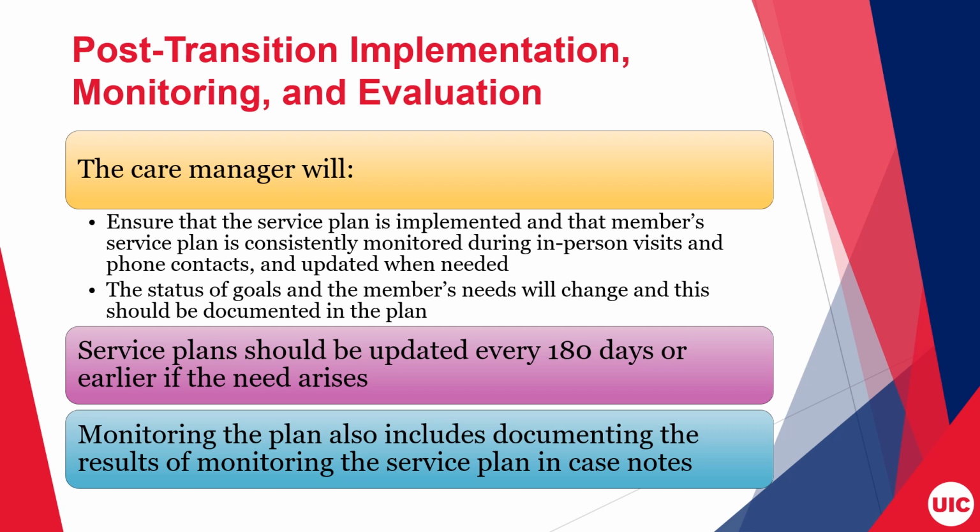As the member's goals and needs change, so should the service plan. As a reminder, the service plan must be updated every 180 days, but can be modified sooner if the need arises. Monitoring the plan also includes clearly documenting all of the information gleaned about the service plan's implementation and its effectiveness.